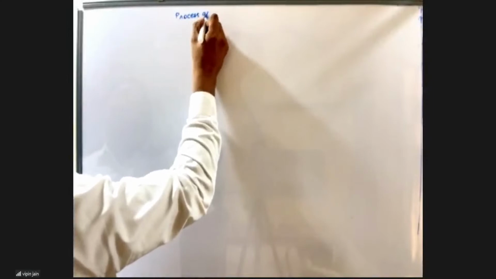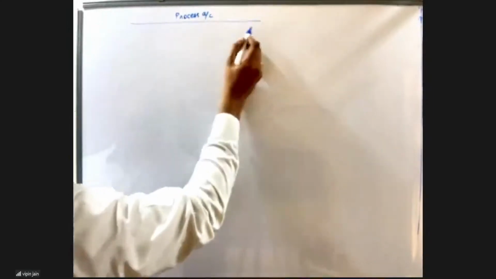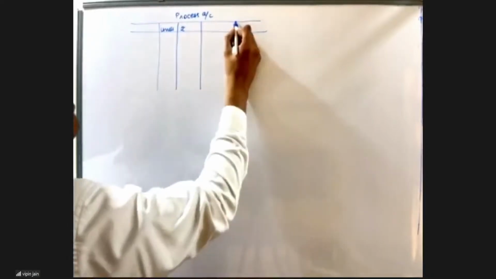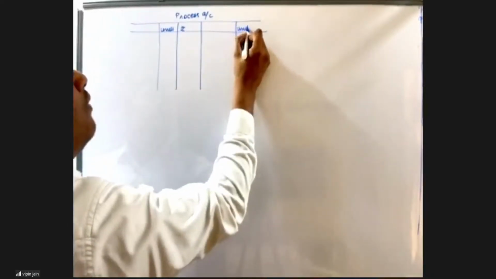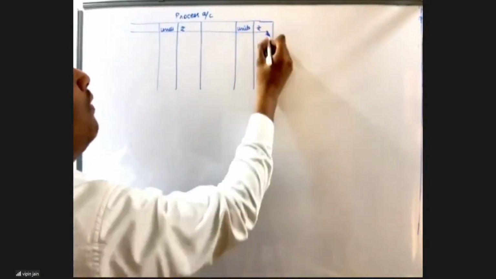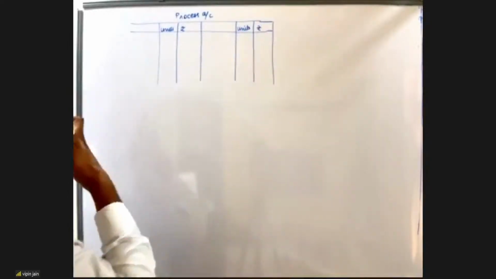We have to prepare process accounts. Is the question asking us to prepare process account? So herein the input is 10,000 units.